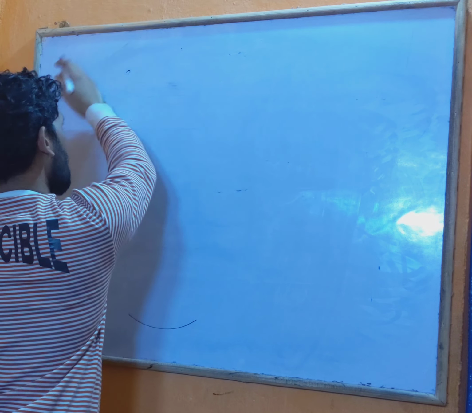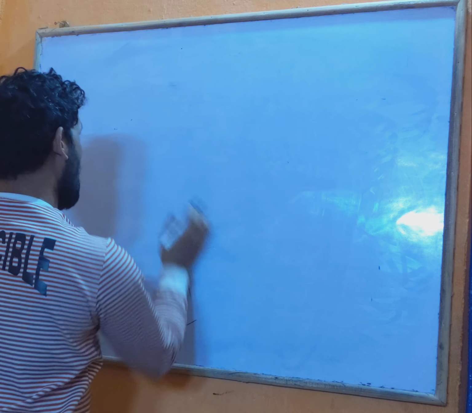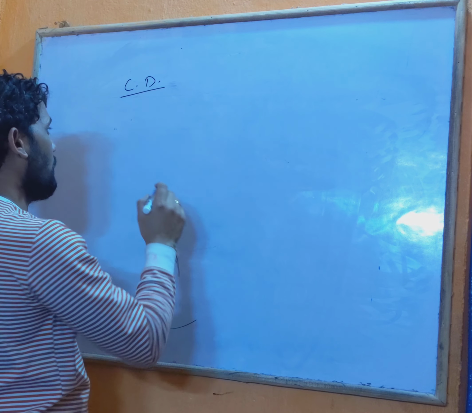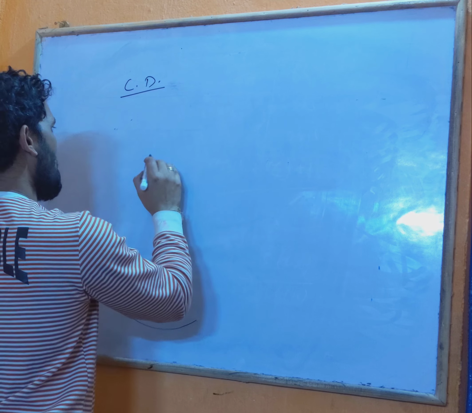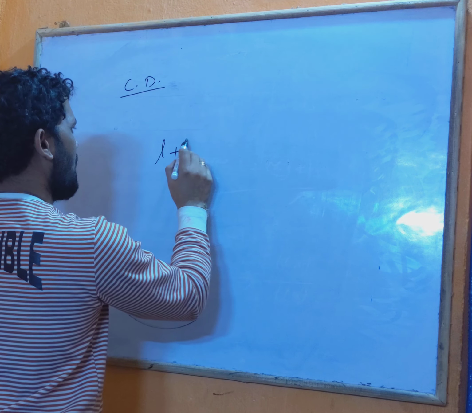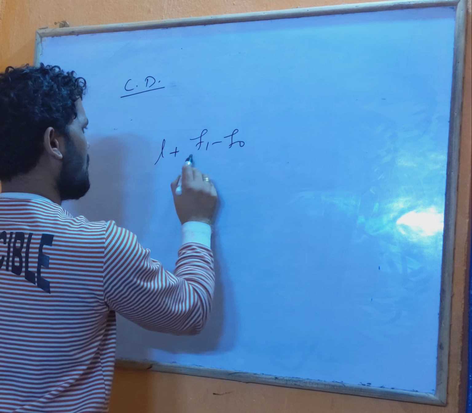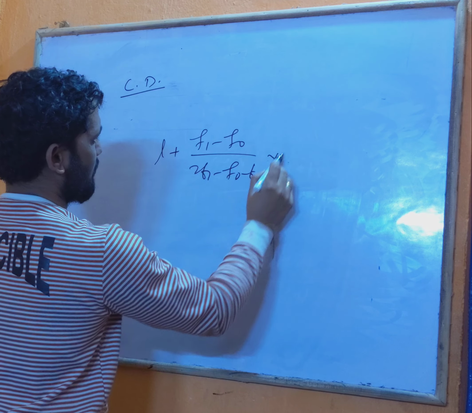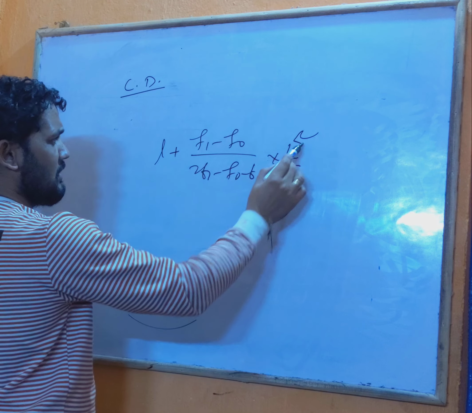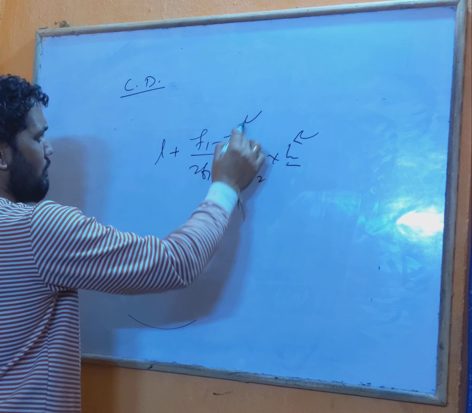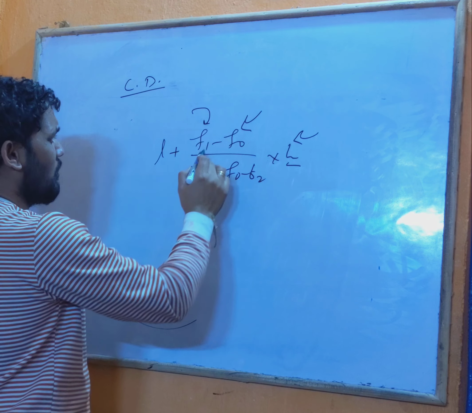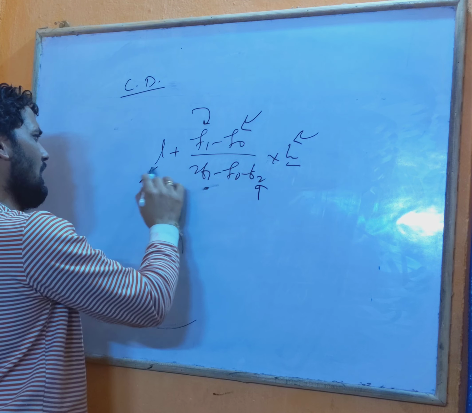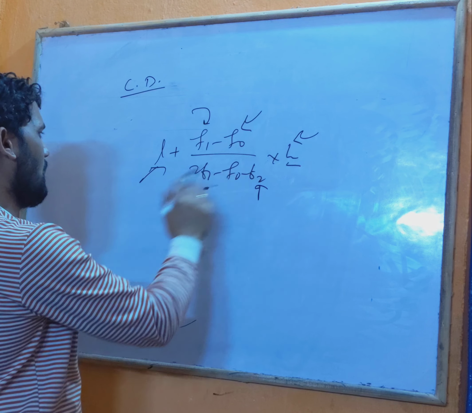And for continuous distribution type questions, we have a formula for mode: L plus f1 minus f0 upon 2 times f1 minus f0 minus f2, multiplied by h, where h is the size of the class, f0 is the preceding frequency, f1 the model class frequency and f2 the succeeding frequency, and L is the lower limit of the model class.